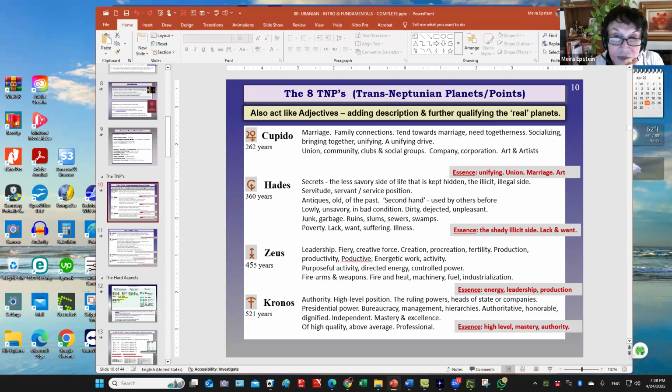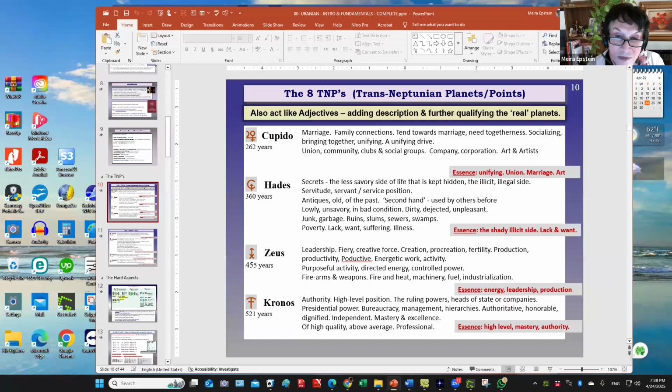So next is Hades. By the way, Cupido, just the name Cupido, think of Cupid, the little angel with a bow and arrow who unites lovers, in Renaissance and art. It's the arrow of Cupid that brings people together in love.